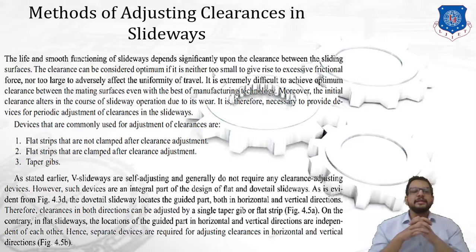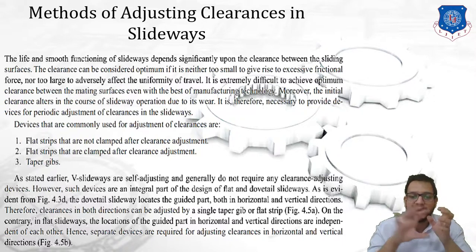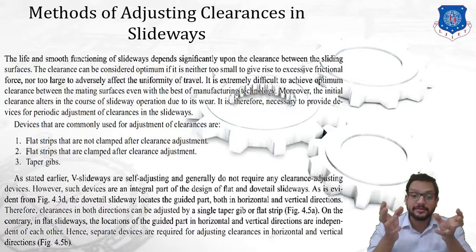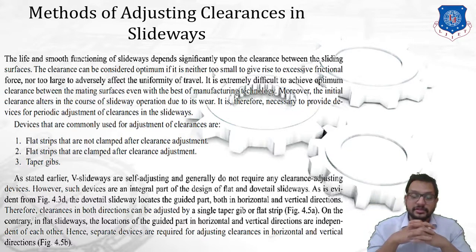Now it is evident that the dovetail slideway locates the guided part. We have seen in our last session dovetail slideways and open and closed type slideways, right? In that, flat, circular, all types we have discussed. So in the dovetail case, it locates both in horizontal and vertical direction.